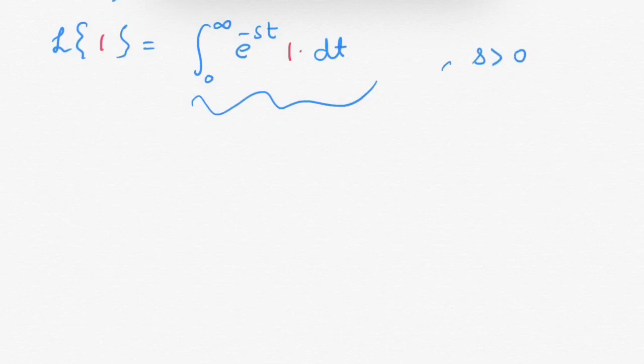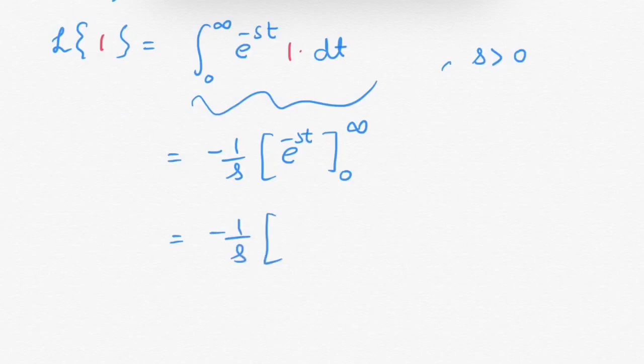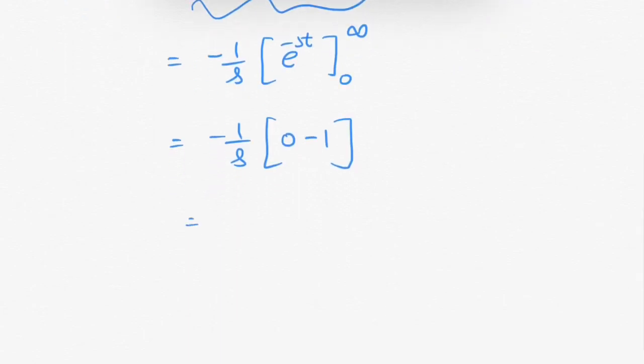On integrating we have minus 1 over s e raised to power minus st, limit from 0 to infinity. On putting the limit we have minus 1 over s times 0 minus 1, and this equals 1 over s. Hence Laplace transform of 1 equals 1 over s.